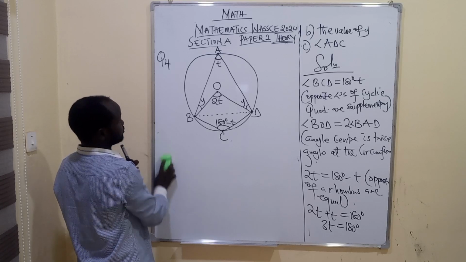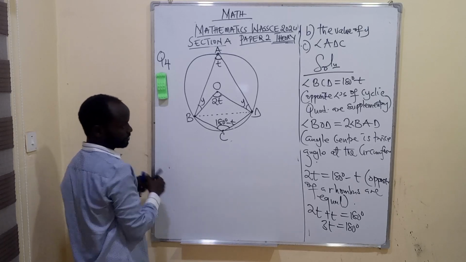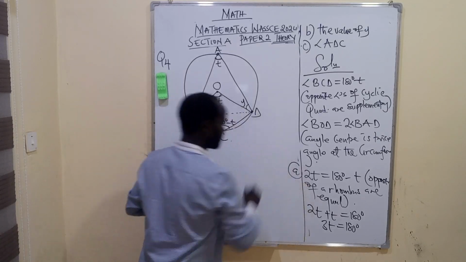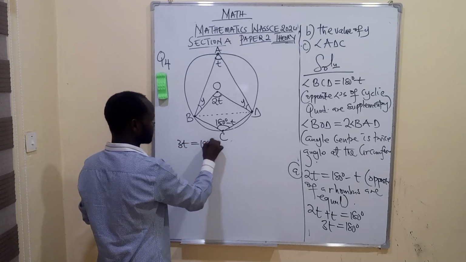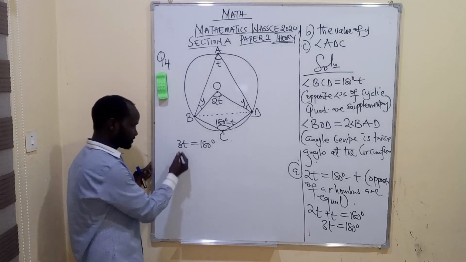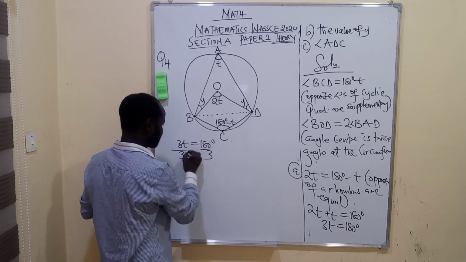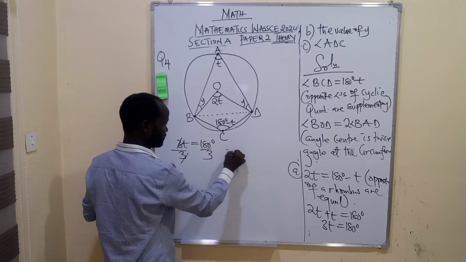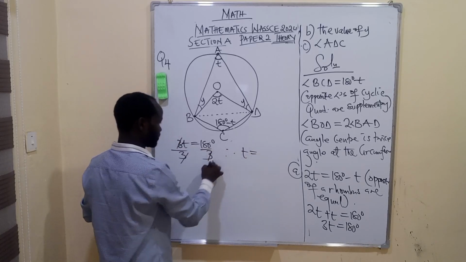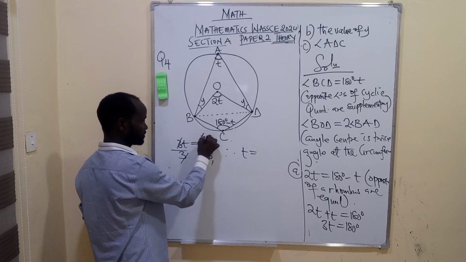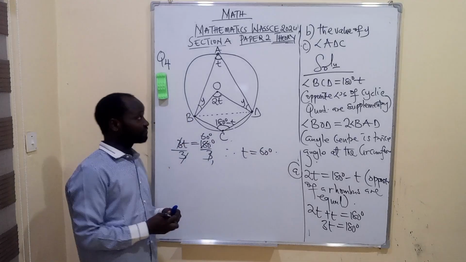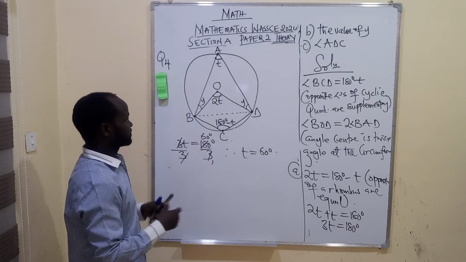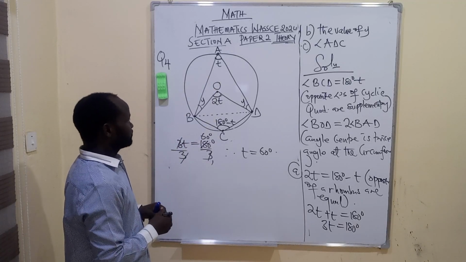That's the first question we were asked, to find T. Now 3T equals 180 degrees, so we can divide both sides by 3. T will be equal to 180 over 3, which is 60 degrees. So the value of T is 60 degrees.